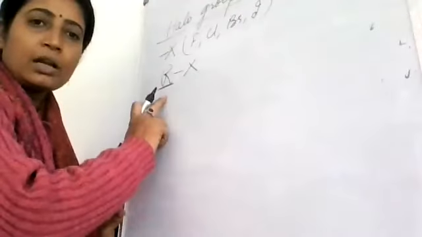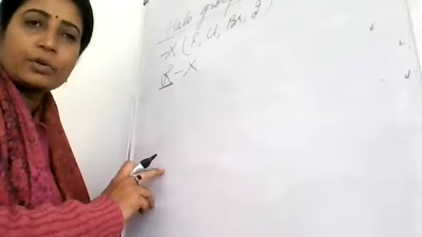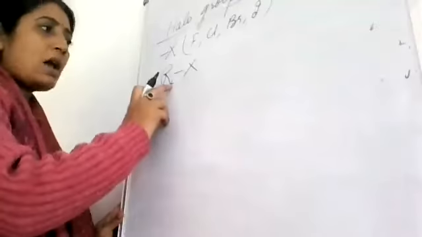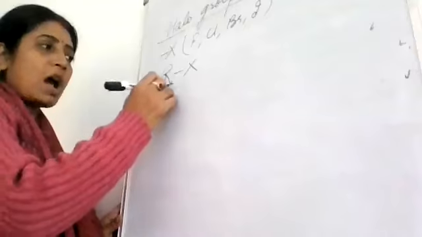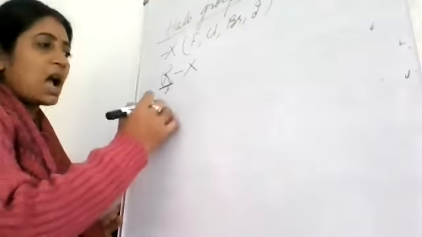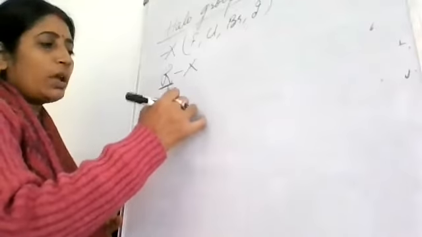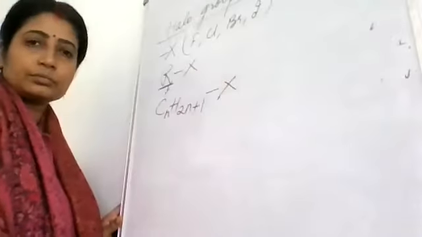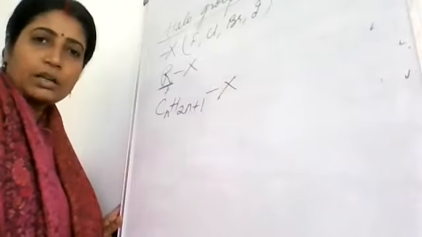The functional group satisfies the tetravalency of the carbon of the alkyl group. So R-X, where R means CnH2n+1. So R dash X. Any confusion here?